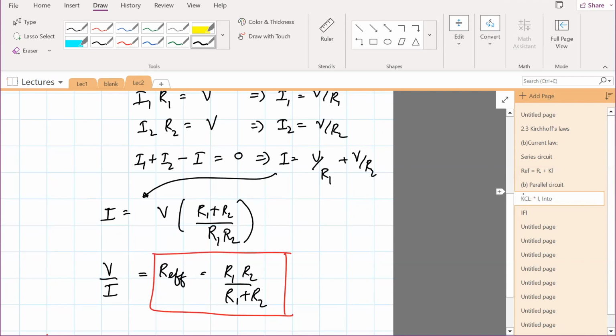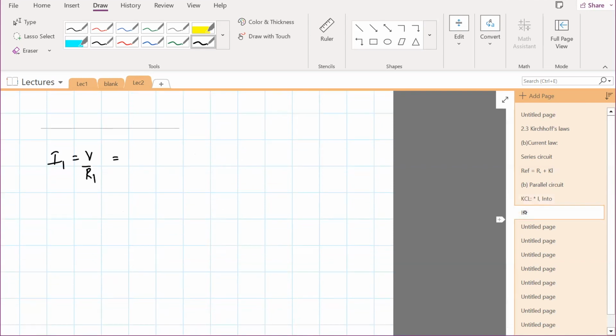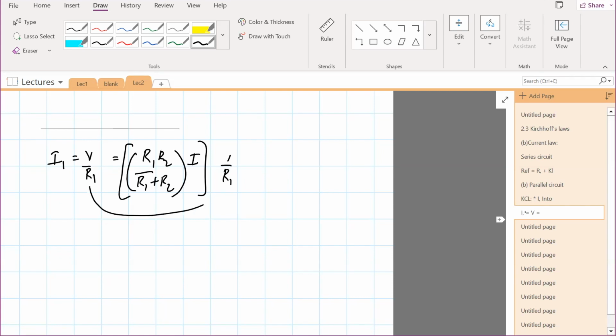V is R1 R2 divided by R1 plus R2 times I. So that's the substitution for V divided by R1, which is this.